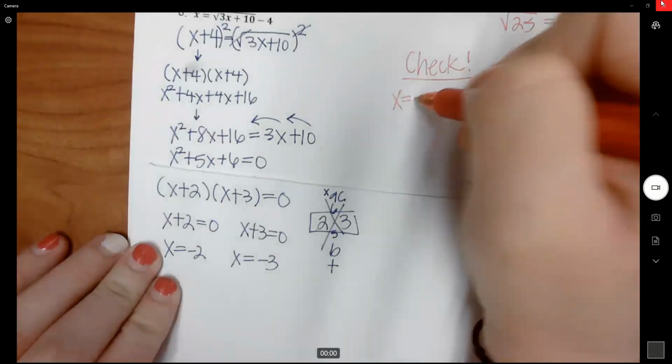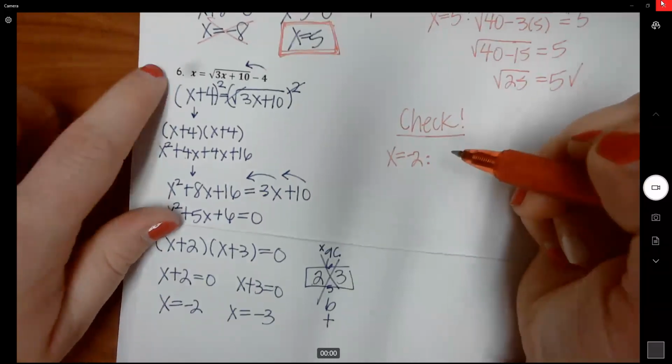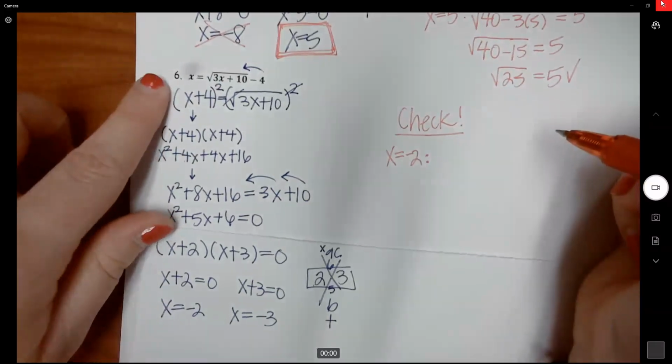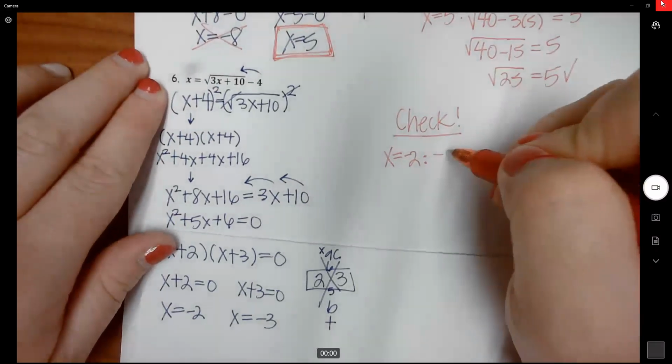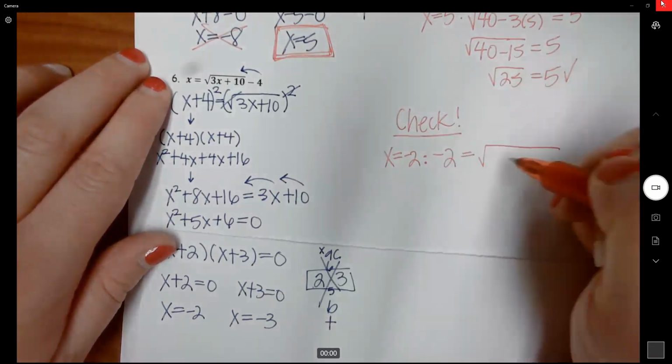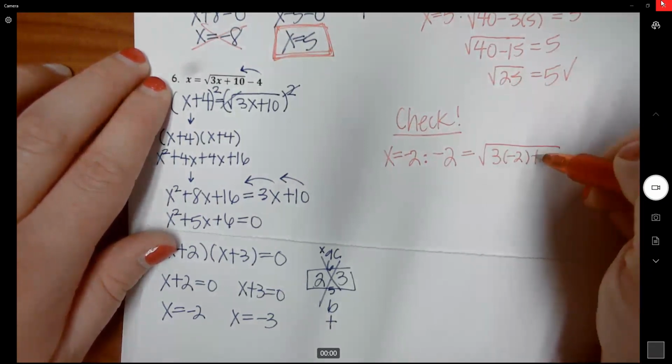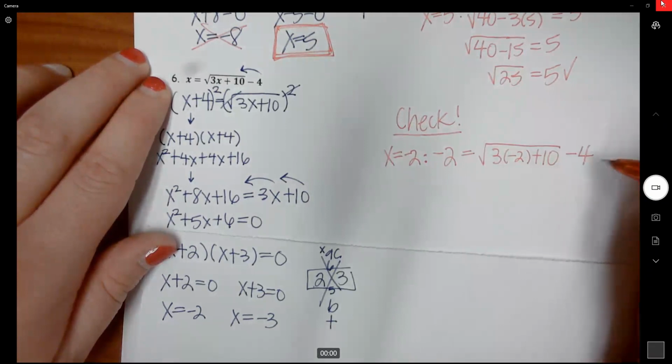So when x equals -2, plug it into the original, and both x's I'm replacing with a -2. So we get -2 equals the square root of 3 times -2 plus 10 minus 4 on the outside.